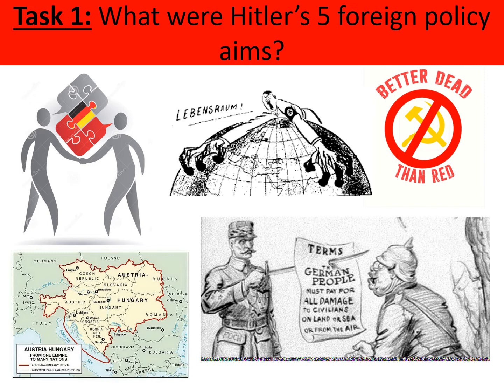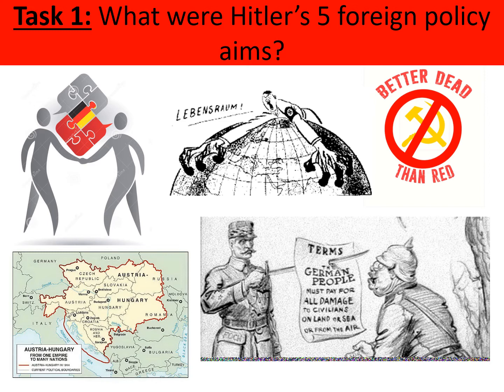So for example, in Austria, in Czechoslovakia, there are people that speak German. And Hitler believed that they should all be brought together. And if that meant taking over that land and making it part of Germany, then that's a good thing in his opinion. It's justified because it used to belong to Germany, and it's justified because those people speak German. So why shouldn't they be part of the German country or empire?